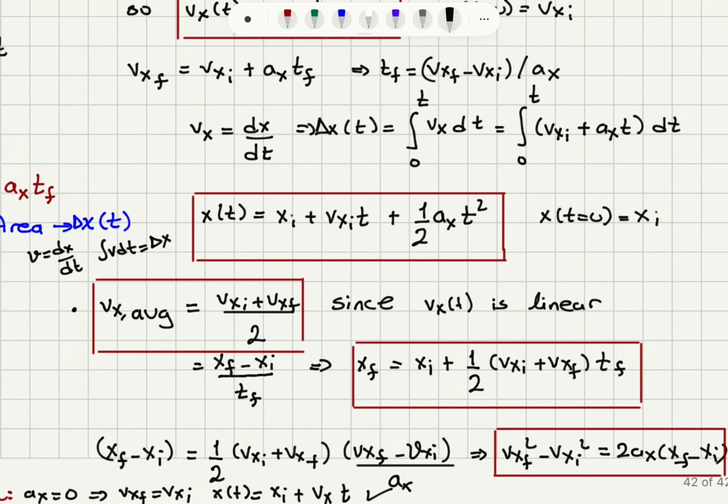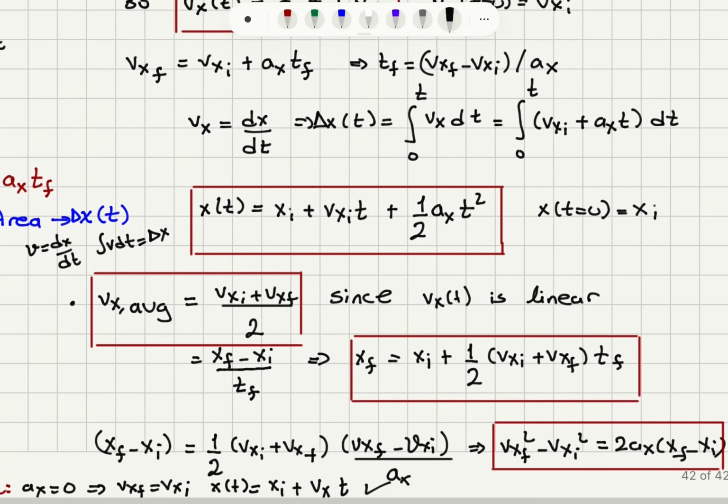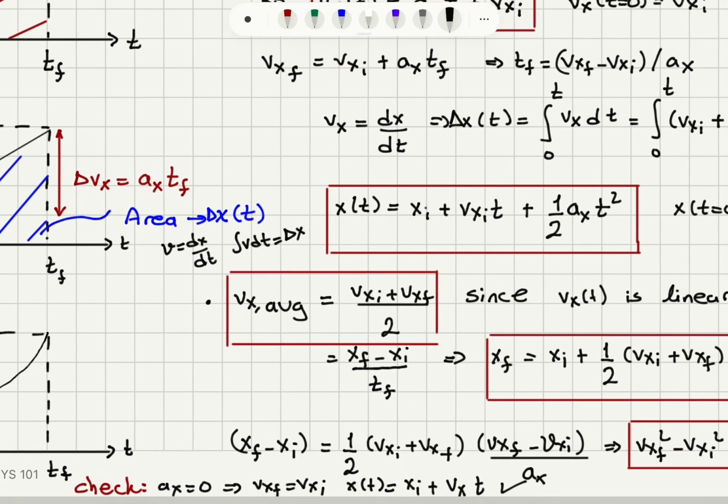Okay, so then you can see x final minus x initial is 1 over 2 Vx initial plus Vx final multiplied with, if I substitute for t final, Vx final minus Vx initial over Ax, Vx final square minus Vx initial square is equal to 2Ax times x final minus x initial, which tells us how the velocity is changing with position.